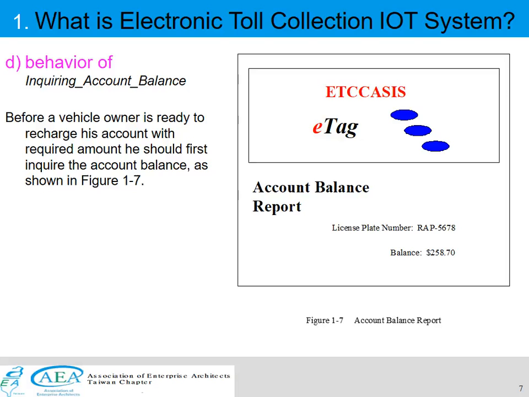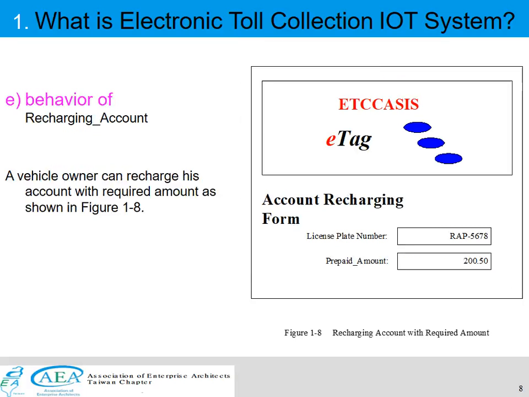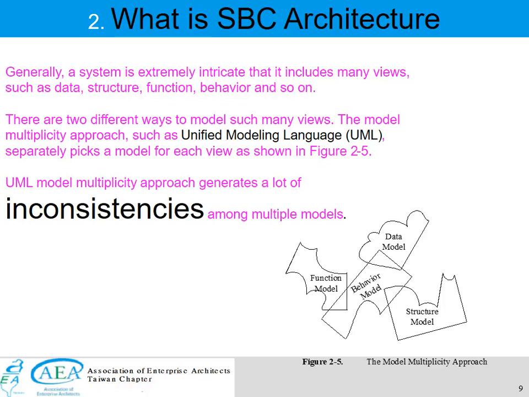Each vehicle owner can use this behavior to inquire his account balance, as shown in Figure 1-7. The last behavior is the fifth behavior, recharging account. Each vehicle owner can recharge his account using this behavior, as shown in Figure 1-A.